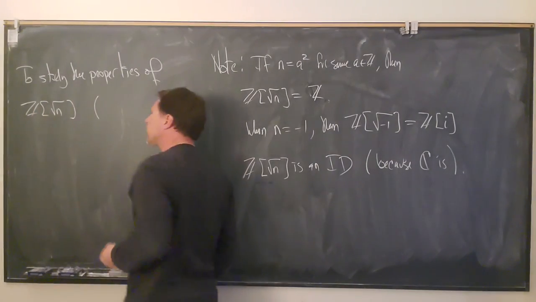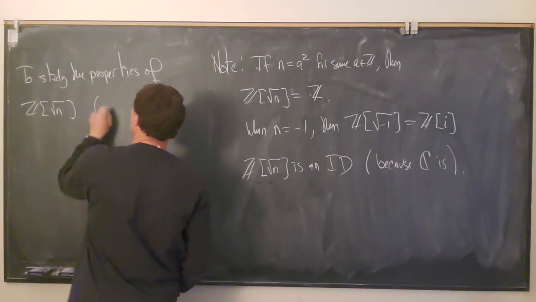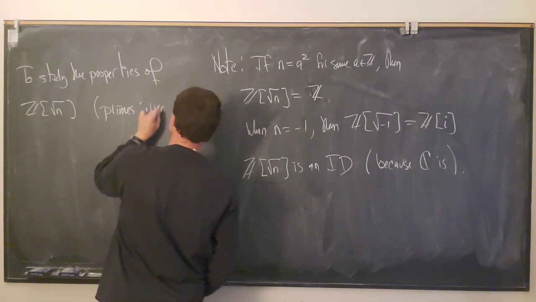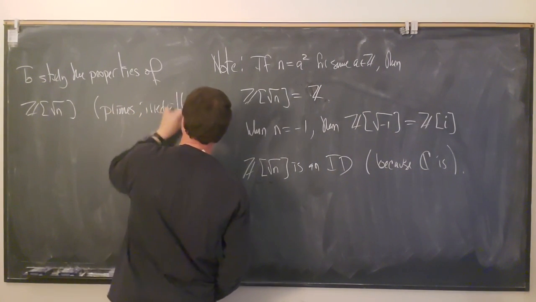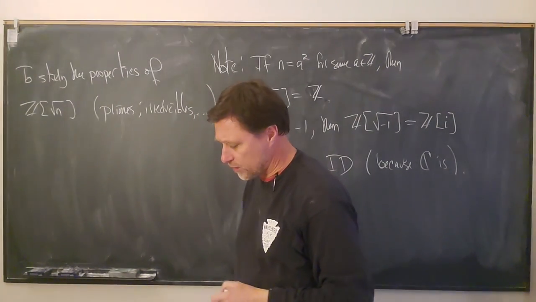In particular, we really want to study divisibility or factorability here. So especially what we want to do is understand the nature of primes and irreducibles, and other things, but those are the main two.